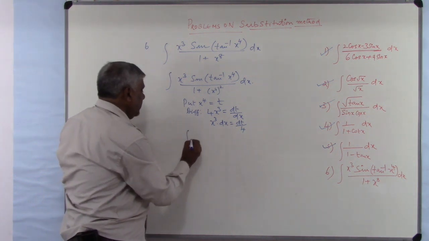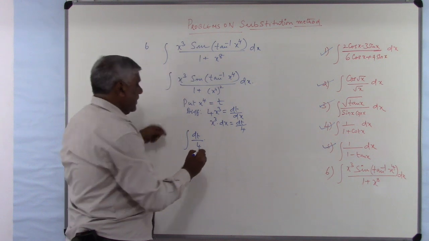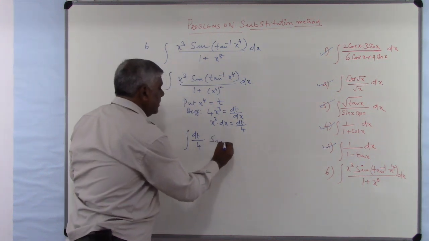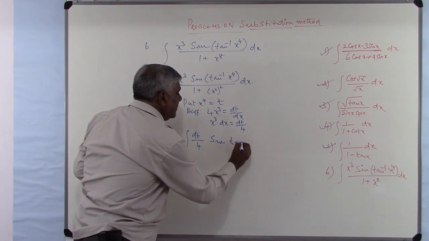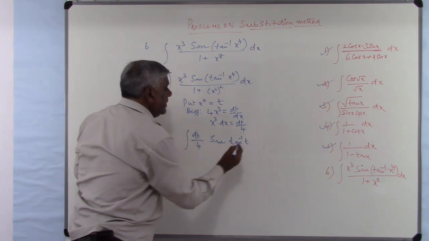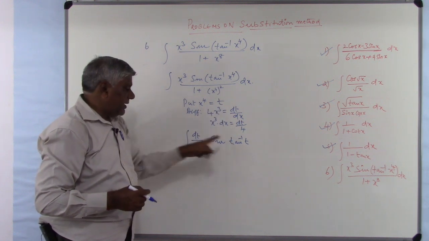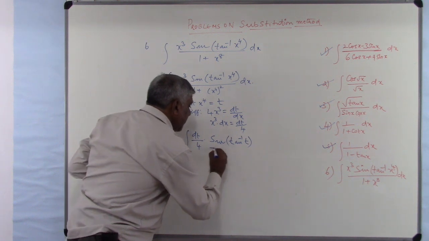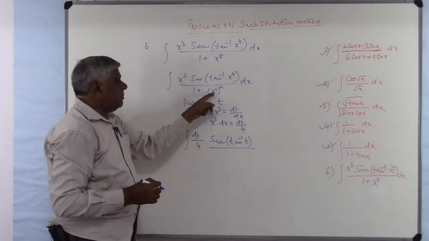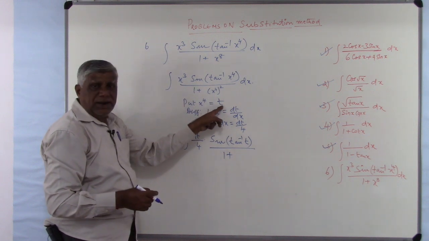Now x cube into dx is equal to what? It is dt by 4. I am going to write dt by 4 into sine of tan inverse t. X to the power of 4, what we have kept here? It is t. Sine of tan inverse t, divided by 1 plus x to the power of 4, how much we have kept here? t.